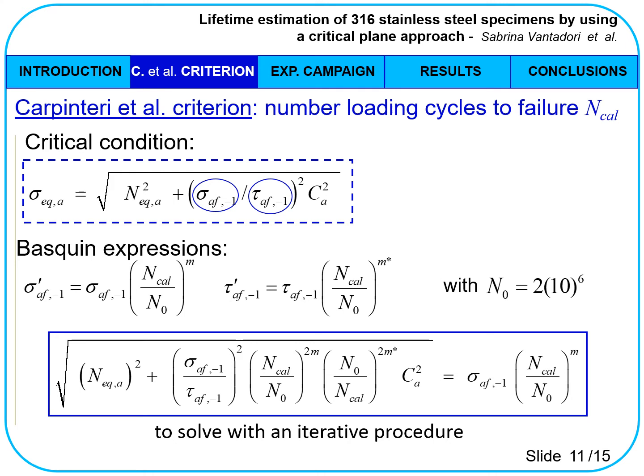This expression is obtained from the critical condition 1, here reported again, by replacing the fatigue strengths sigma f minus 1 and tau f minus 1 referred to 2000 cycles with the fatigue strengths at the finite life NCAL, by exploiting the Basquin expression both for fully reversed normal stress and for fully reversed shear stress.